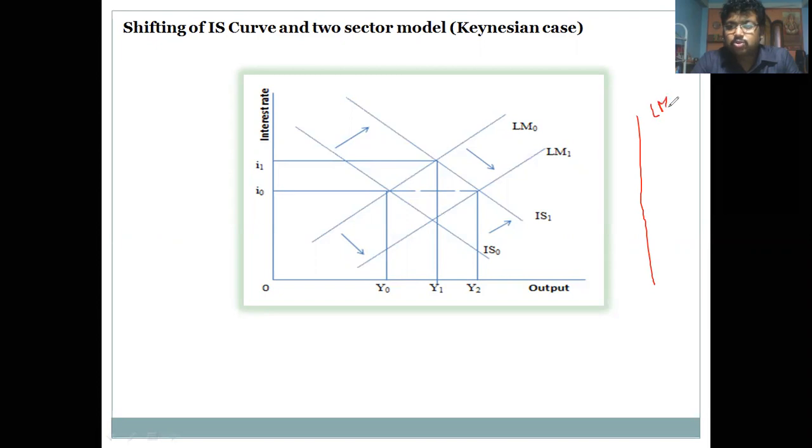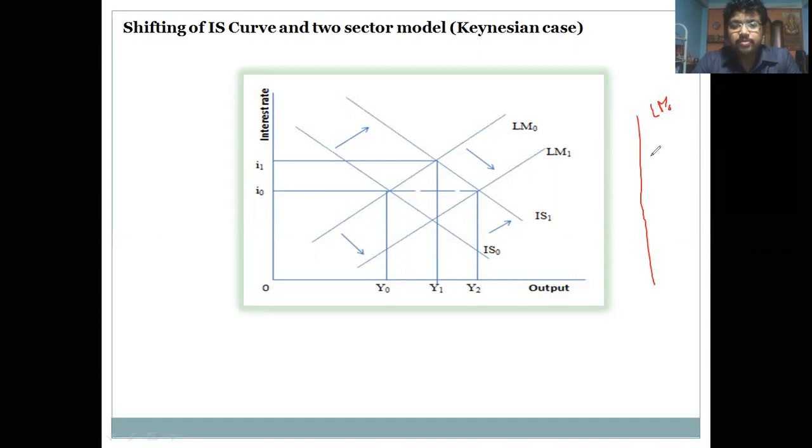If it is totally interest inelastic, then the LM curve will be vertical, parallel to the vertical line.